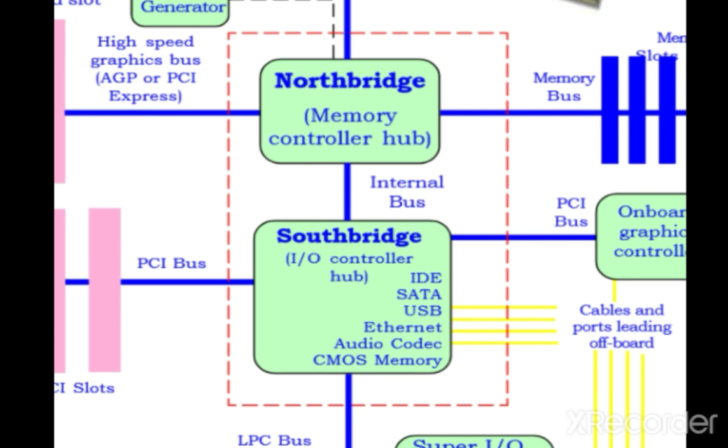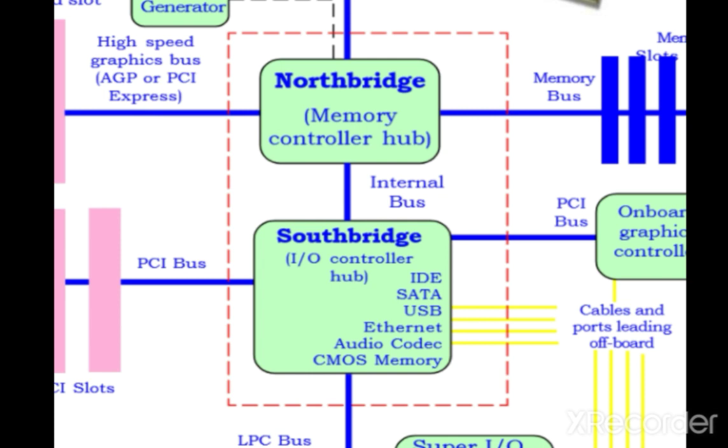They called it north bridge and south bridge. The north bridge is like a hub for memory controlling purpose, and the south bridge is responsible only for input output control. And the north bridge is mainly dealing with the high speed components like CPU, RAM and video card, graphics card, chipsets. These are handled by north bridge.